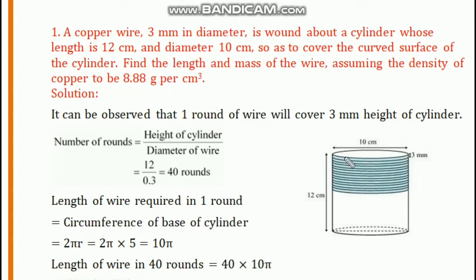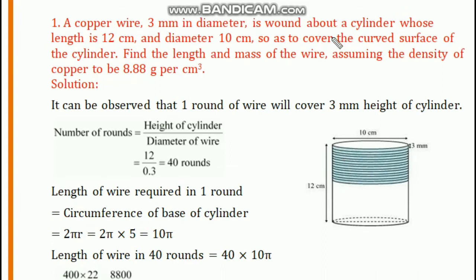So to find the length of the wire, first we need to find out the number of rounds of wire in the cylinder.